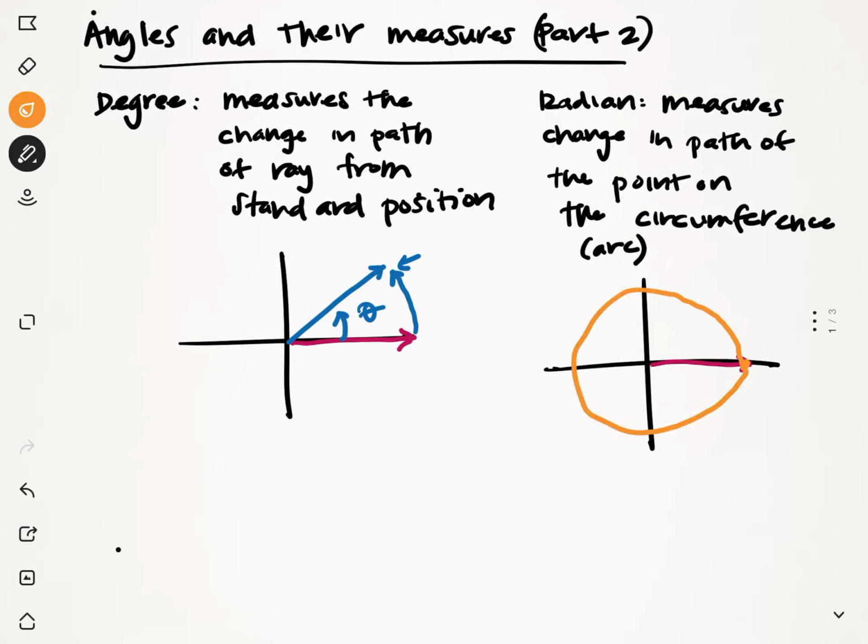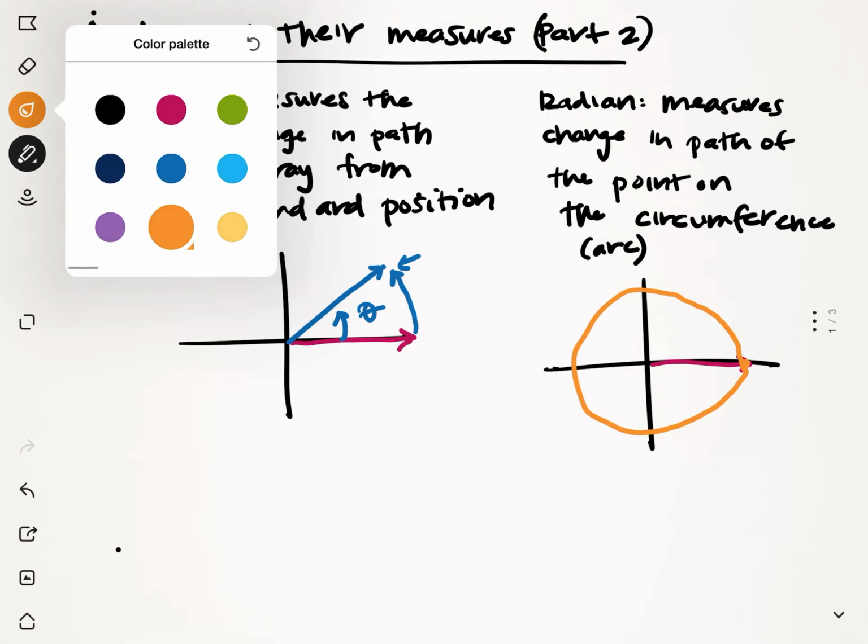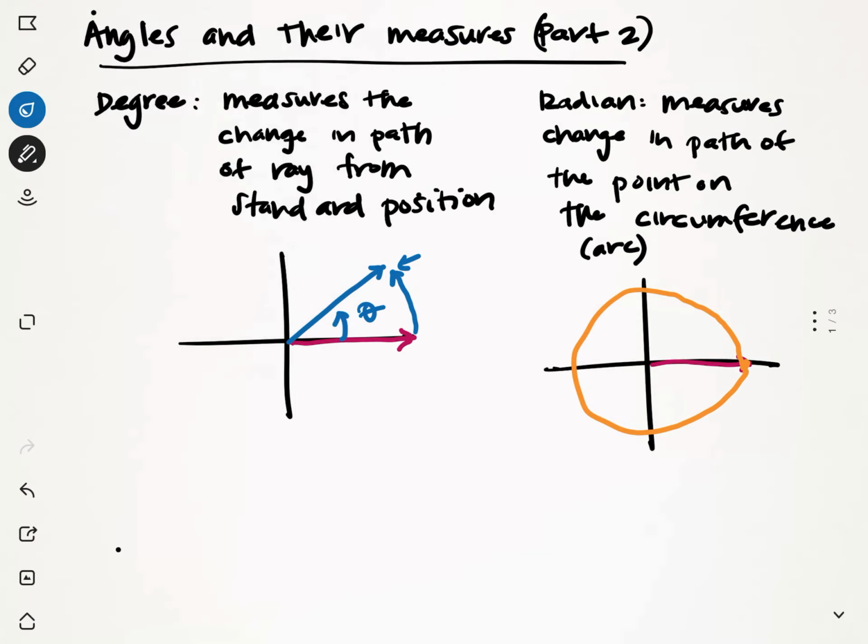That's not a very nice circle, but you get the idea of what it should be. If we're looking at the same angle here, let's draw it in blue, that we created. What radian measure is doing is measuring how this point moved from standard position to where it's currently at on the circumference of the circle.